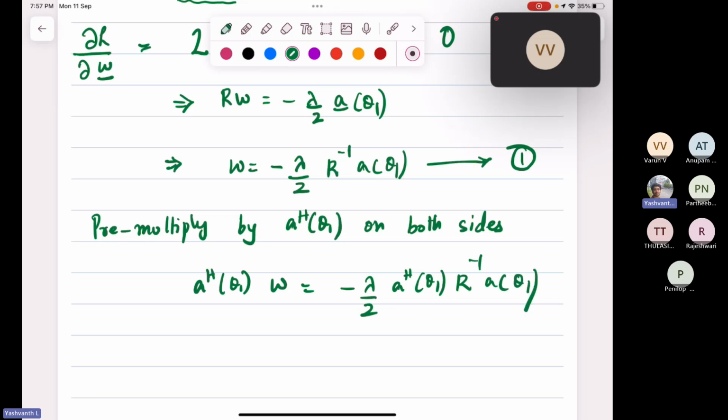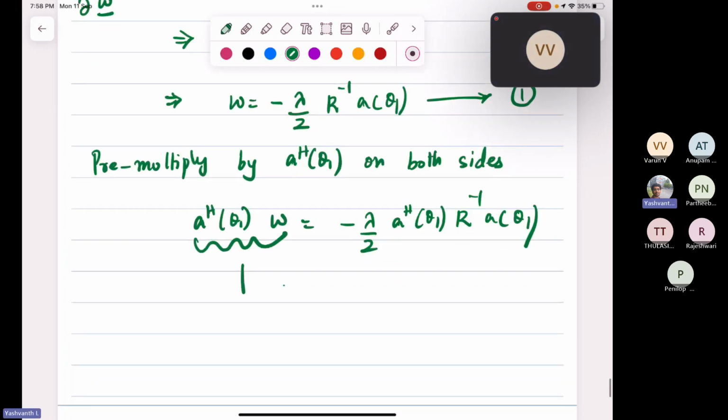Now, can anyone tell me what to do? See, what is this? This is 1, right? That was our constraint. So 1 equal to minus lambda by 2 into A Hermitian theta 1 into R inverse A of theta 1.